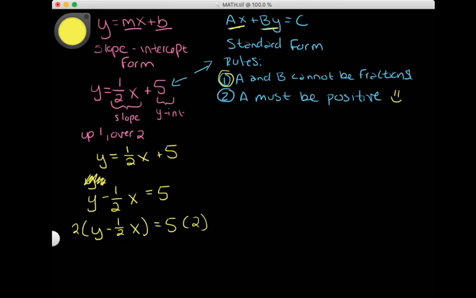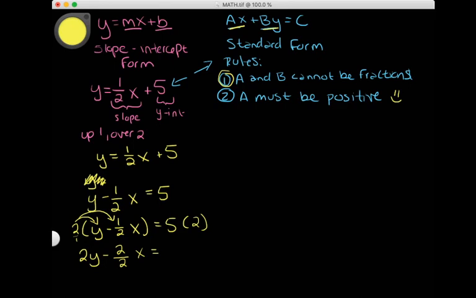So I'm going to distribute this 2 into the bracket. 2 times y is 2y. 2 times negative 1 over 2: remember, when we multiply fractions, we multiply the top numbers and the bottom numbers straight across. So there's an imaginary 1 underneath this 2. 2 times negative 1 is negative 2, and 1 times 2 is 2.